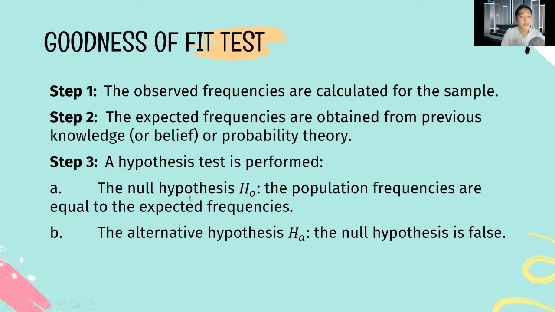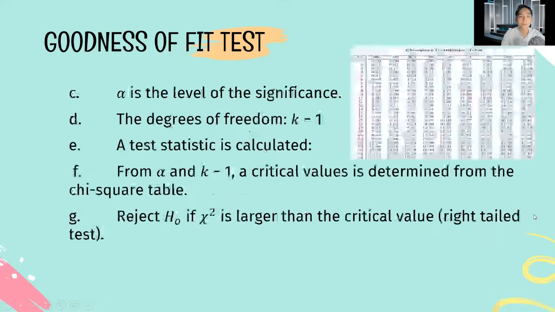While on the other hand, we have H sub A, the alternative hypothesis: the null hypothesis is false. Kaya nga tinatawag natin siyang alternative hypothesis, ninenegate niya yung ating null hypothesis.